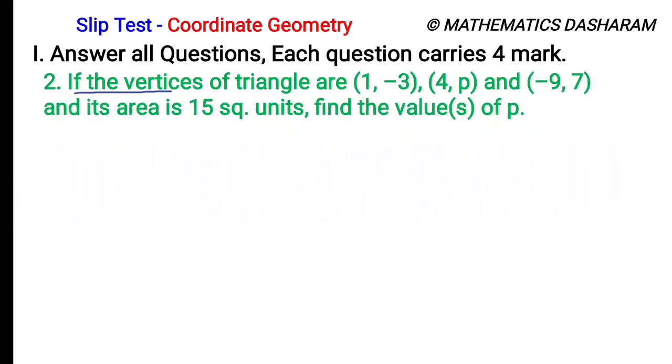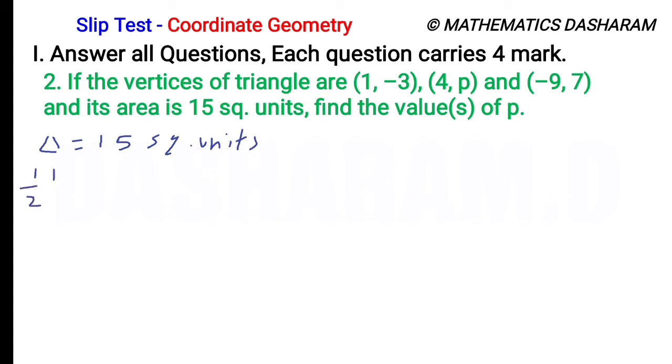Second question: if the vertices of the triangle are (1, -3), (4, p) and (-9, 7), and its area is 15 square units, find the value of p. The area of the triangle is given as 15 square units.